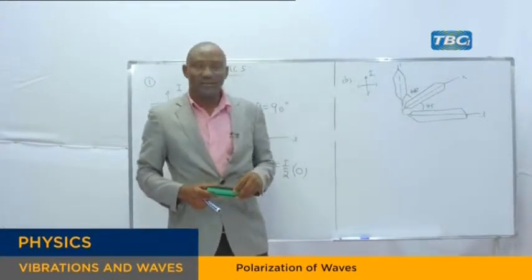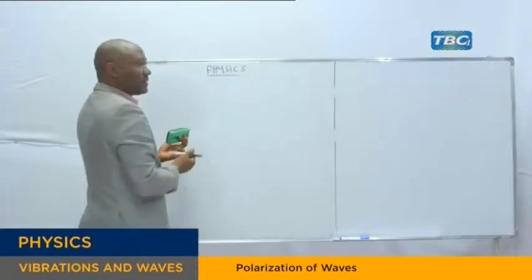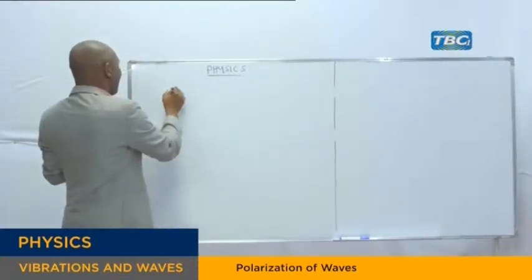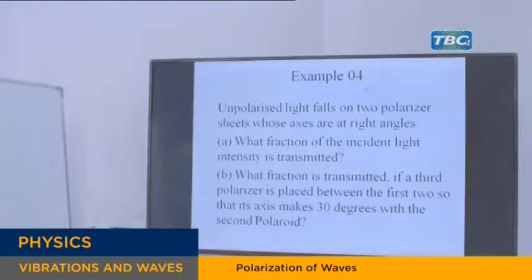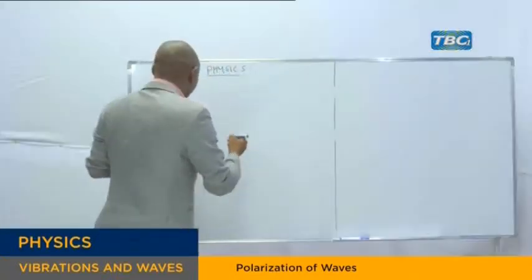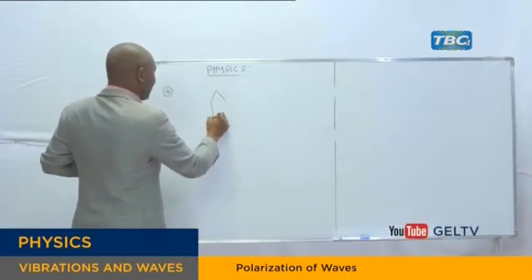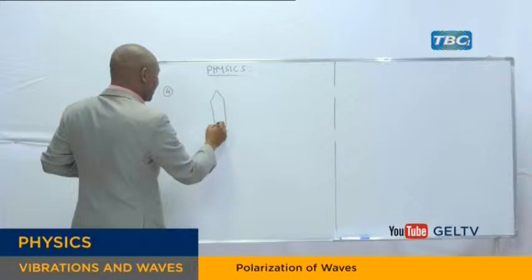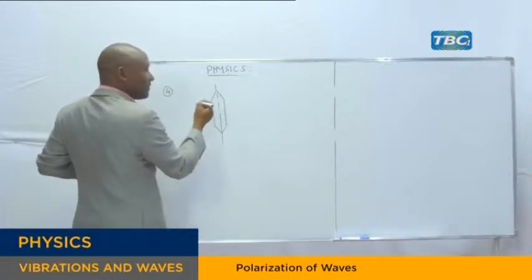Now let's turn our attention to example number 4. We have unpolarized light again falling on two polarizer sheets whose axes are at right angles. The names are changing, and this axis here is for the first.